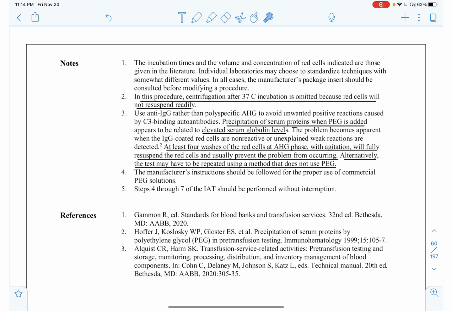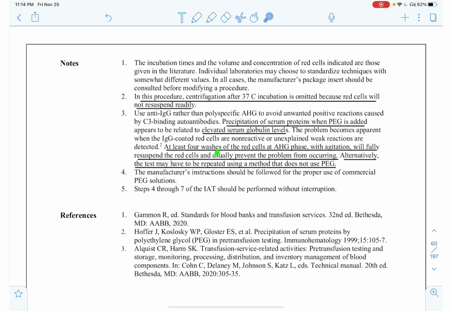And number 3 says, using anti-IgG rather than polyspecific AHG to avoid unwanted positive reactions caused by C3 binding autoantibodies. Precipitation of serum proteins when PEG is added appear to be related to elevated serum globulin levels.